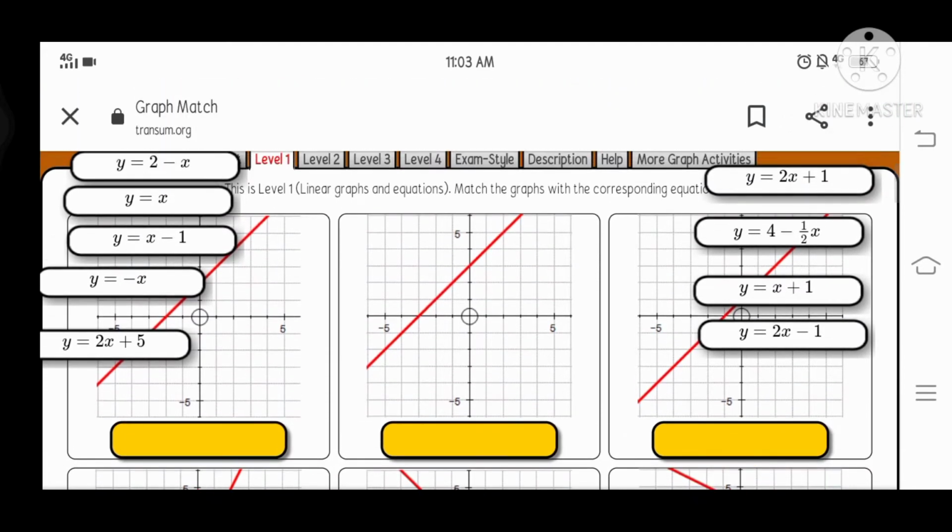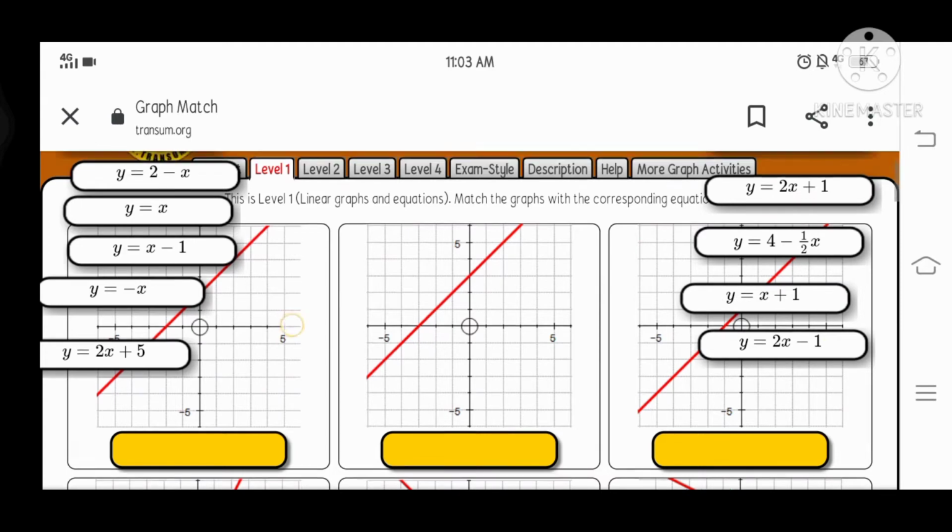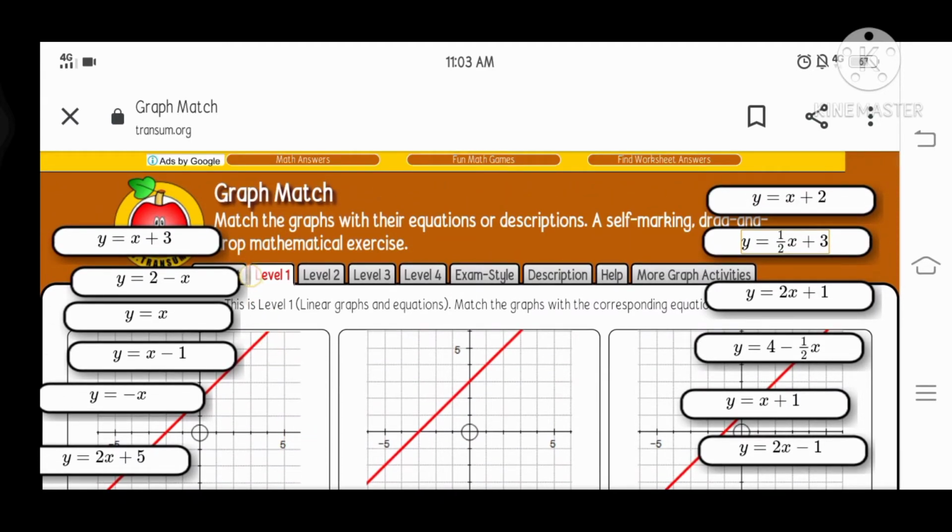First you have to identify the gradient, using the formula y equals mx plus c, where c is your intercept and m is your gradient.